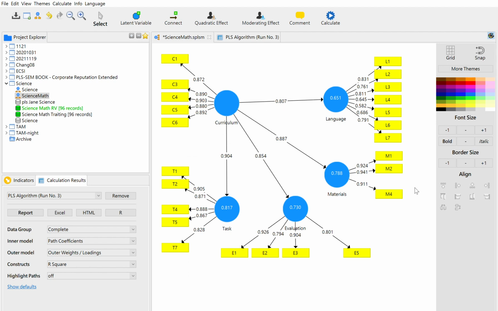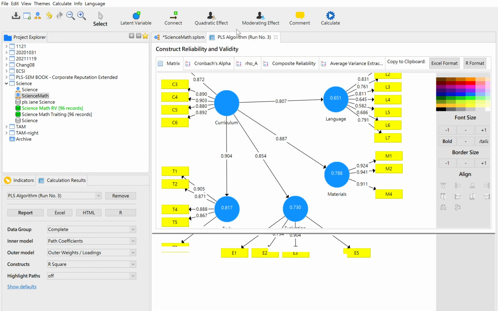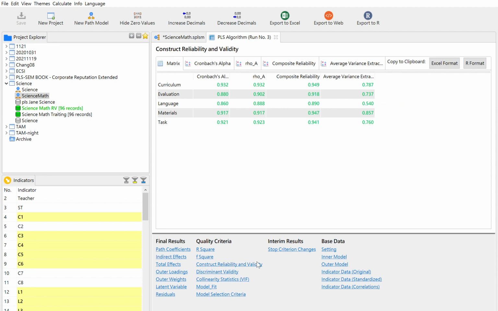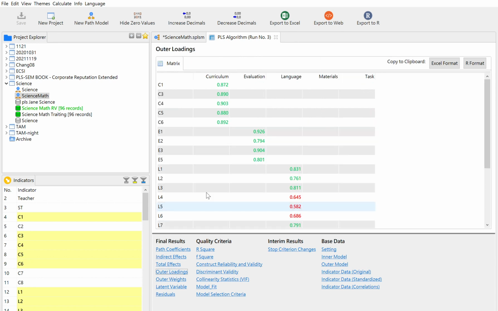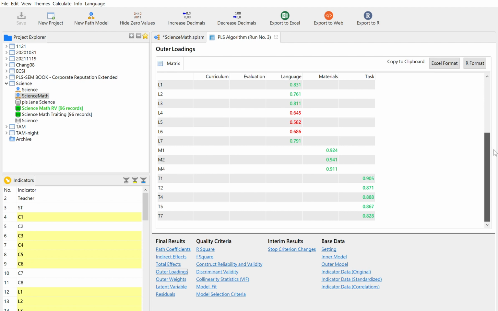But this is how I did factor analysis, and hopefully this is a right path to report on construct reliability and validity, and that is why the outer loadings are separate.